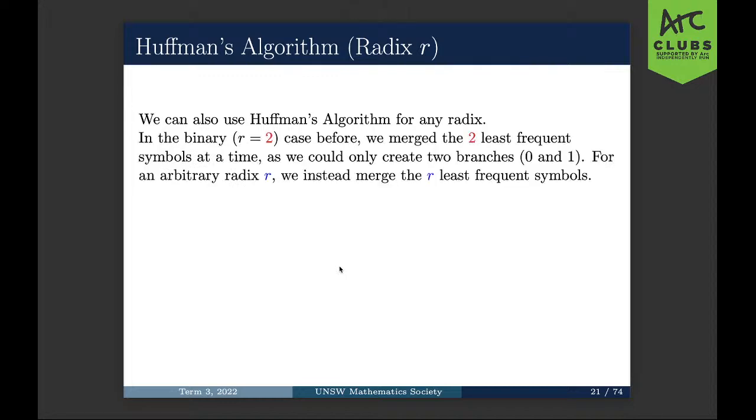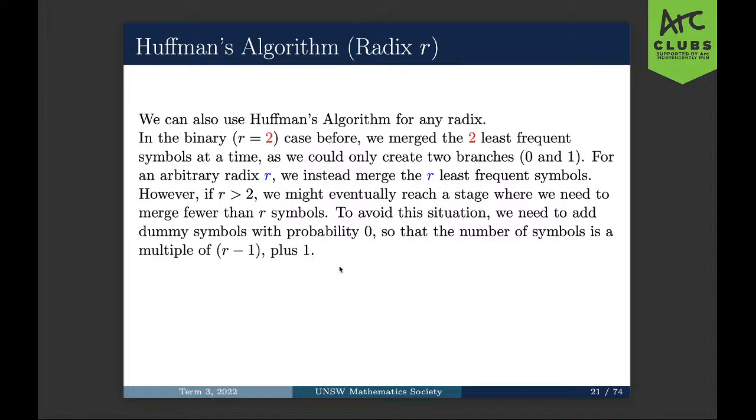If we notice, in the binary case, so radix 2, we merge the two bottom symbols on each column, and that was because we can only create two branches for 0 and 1. If we have an arbitrary radix R, then we instead merge the R symbols at the bottom of each column at every step.